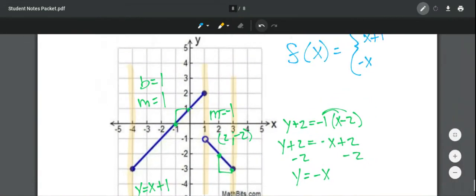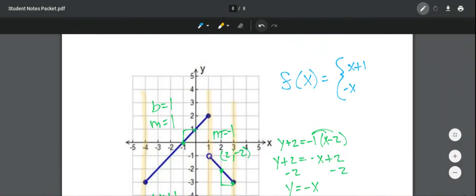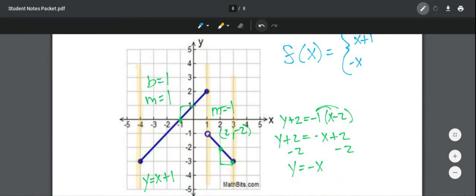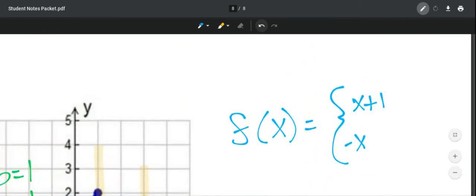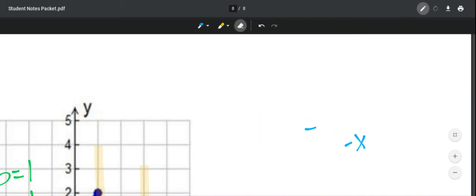Now I need my boundaries, my domains. So let's look at the first one. It goes from -4 to 1. So what I'm going to do is -4 and 1. I should have moved this over so we don't get confused.